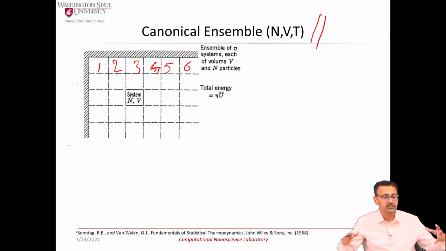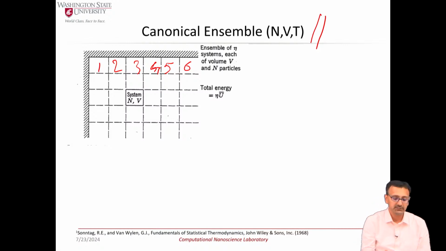So, the total energy in the collection of this system, all the boxes included, has to be fixed. So, if there are eta number of boxes, and if the average internal energy for each box is U bar, then as it shows here, the total energy of this ensemble is the number of boxes times the average internal energy. Okay. So, these are the boundary conditions.